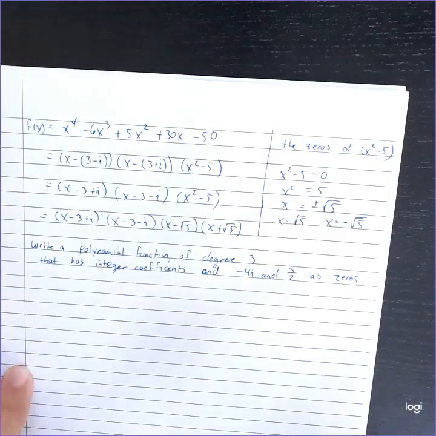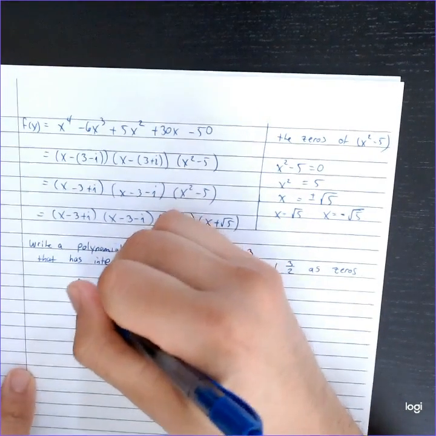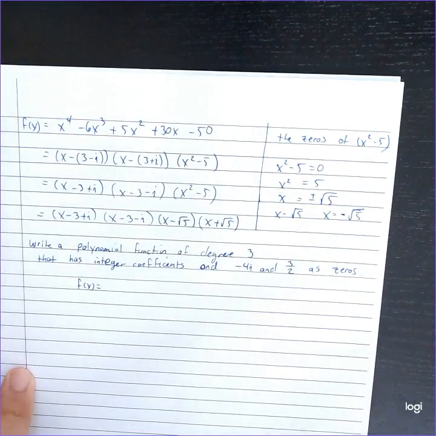Okay? So now, we're going to write a polynomial function of degree 3. Well, that's the easy part, because I know how to count. A polynomial function of degree 3 has to have 3 linear factors. We know that from the linear factorization theorem.